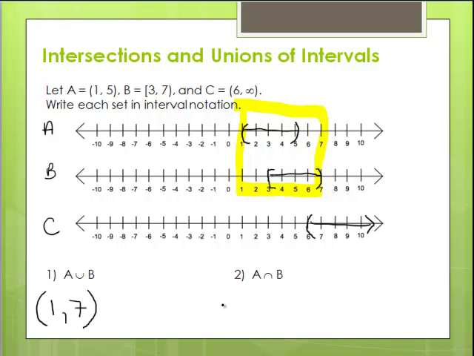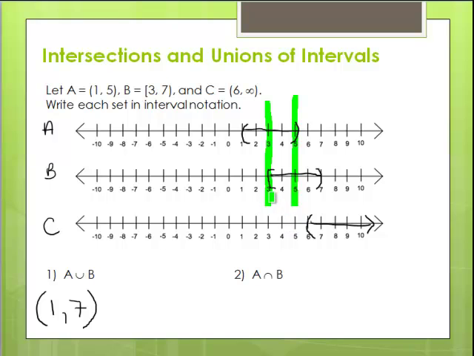So how about the intersection of A and B? The intersection is a little bit different. For intersection, you only want what they have in common. So what they have in common would be from here to here.